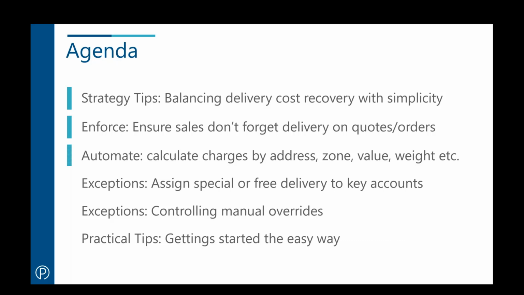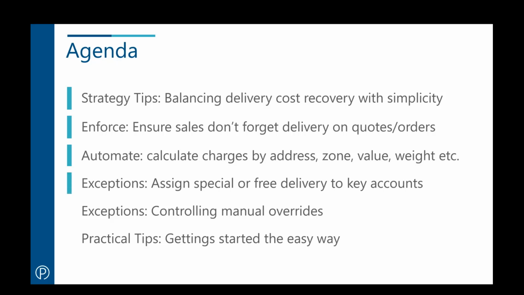And then we'll look at the process of automating the calculation of those delivery charges by the address of the orders being shipped to, and creating delivery zones for those, and then by the value of the order, etc. We're also going to have a quick look at assigning special or free delivery to key accounts.